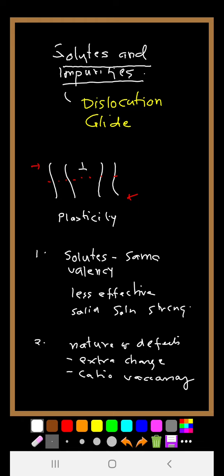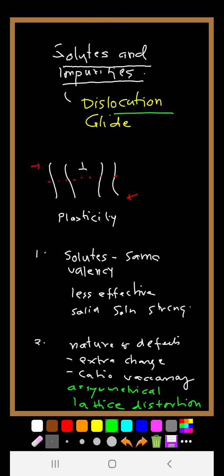Now this cation vacancy may lead to something called asymmetrical lattice distortion, and this lattice distortion will interact with the dislocation glide and impede its motion.